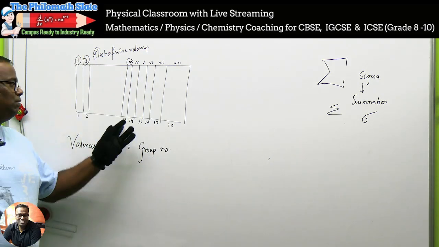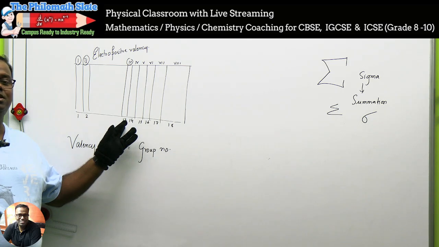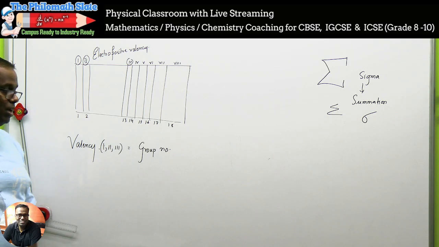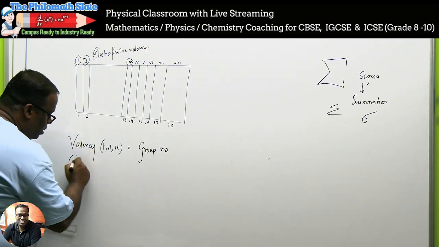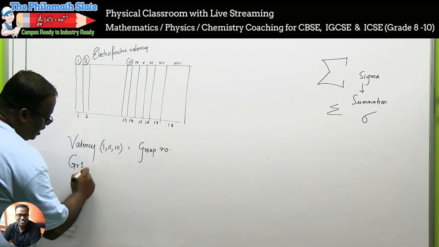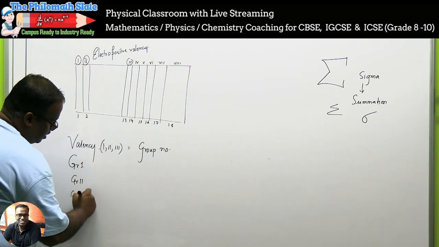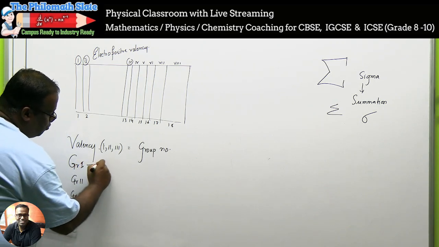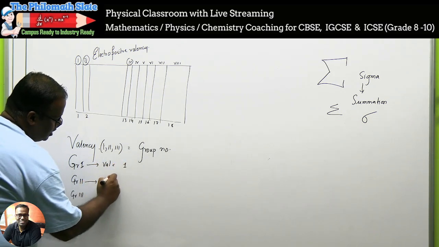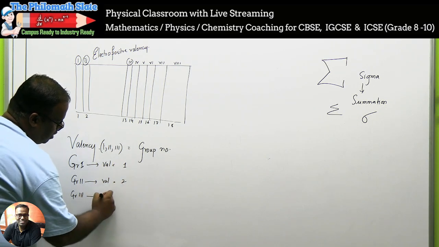Whereas in CBSE, we will say 13 minus group number, or group number minus 10. But for you, it is the group number. If that is the case, write down group 1, group 2, and group 3. Group 1, what would be my valency? 1. What will be my valency here? 2. And here?